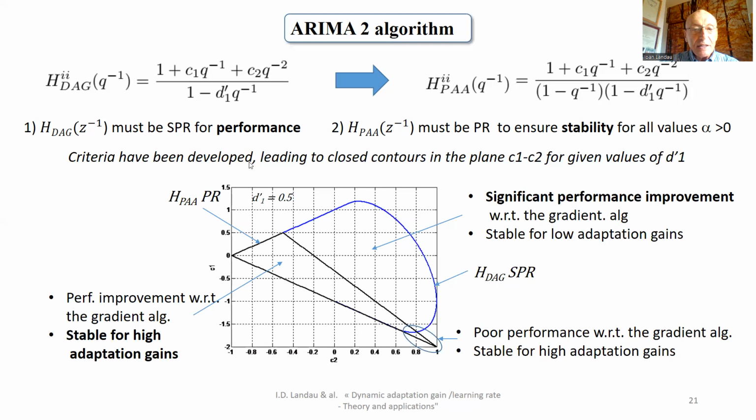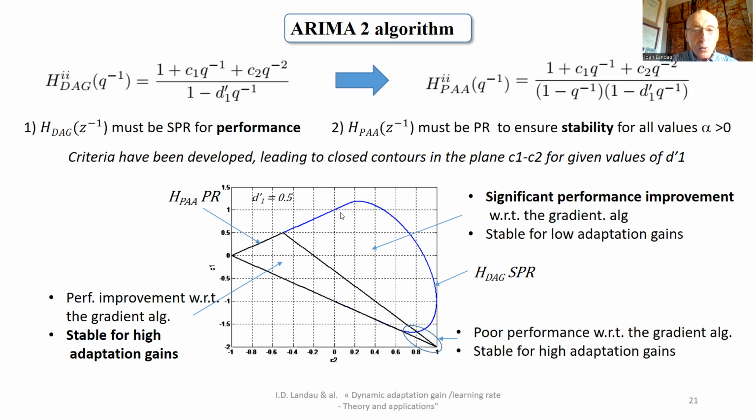Criteria have been developed leading to a closed contour in the plane C1, C2 for a given value of D1 prime in order to achieve this specification. So let's see here the diagram for the particular case where the coefficient D1 prime is equal to 0.5, but the diagram is similar for the other values.